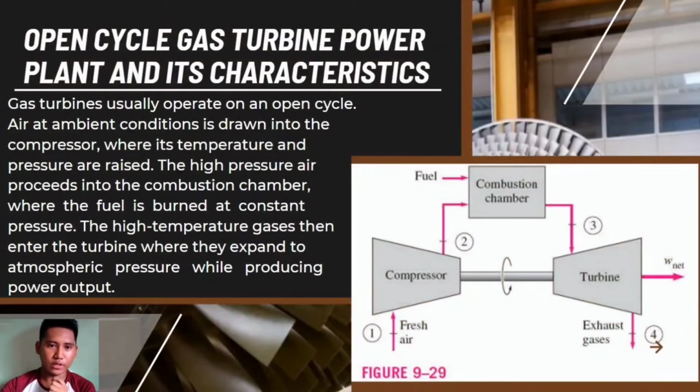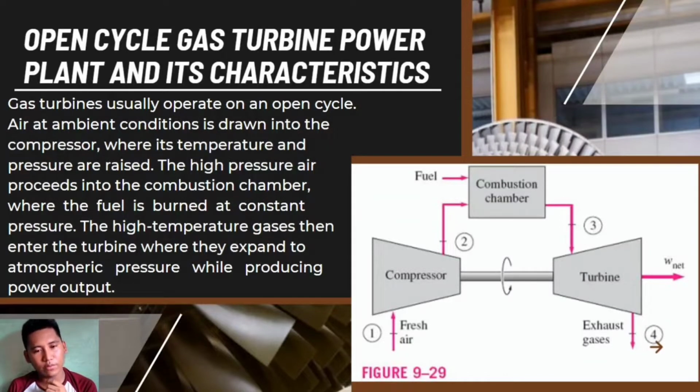Open cycle gas turbine power plant and its characteristics. Gas turbines usually operate on an open cycle. Air at ambient condition is drawn into the compressor, where its temperature and pressure are raised. The high pressure air proceeds into the combustion chamber, where the fuel is burned at constant pressure.